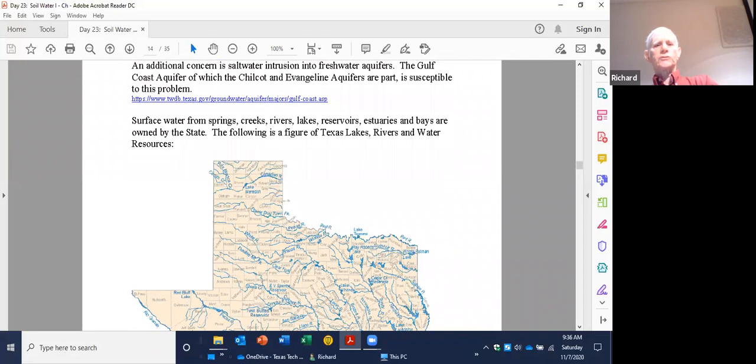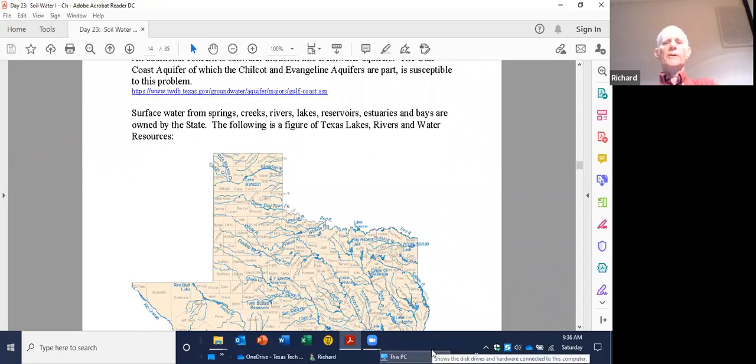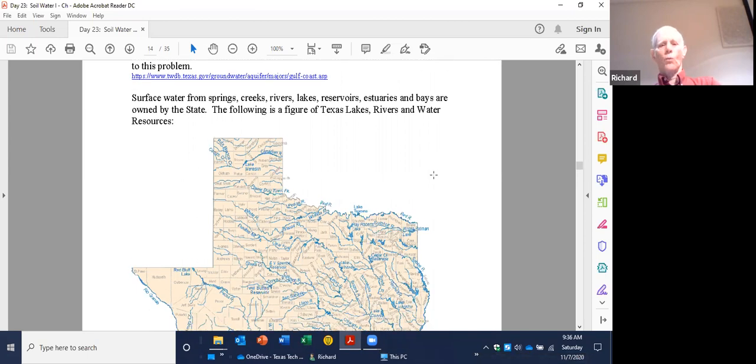Now, surface water from springs, creeks, rivers, lakes, reservoirs, estuaries, and bays are owned by the state. If you own the land, and you didn't sell the rights, you own the groundwater underneath it. But once it gets to the surface, the state owns it. The following figure shows Texas lakes, rivers, and water resources.